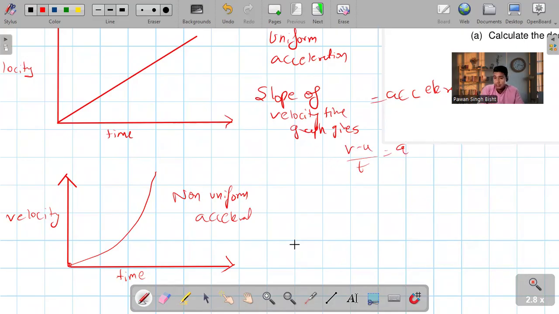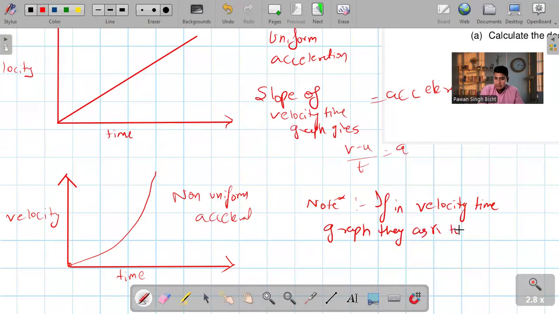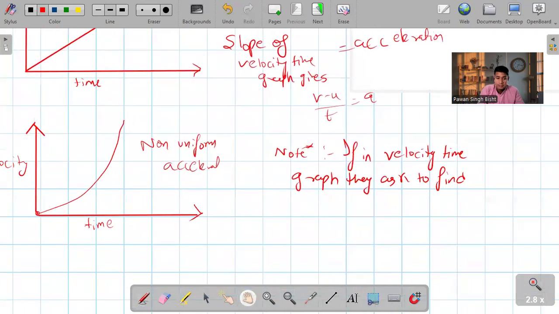And also one more thing, please make a note, this is a very important point. If in velocity time graph they ask to find distance, then we need to calculate area under the curve.